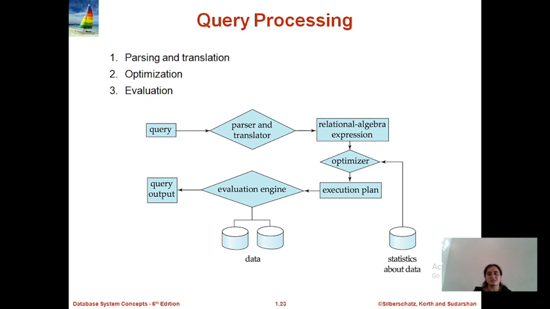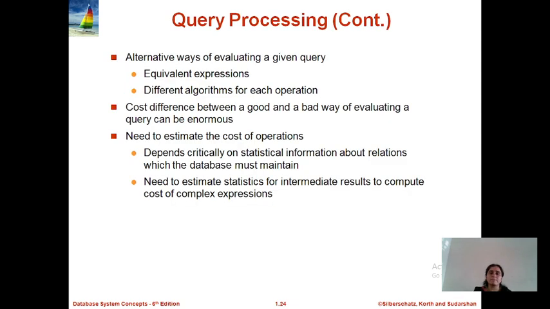After accessing that data, it plans how to execute the query and sends it to the evaluation engine. In the evaluation process, if the query needs to display some relations or tables, they are accessed from the data, and the query output is sent to the user. This is query processing.